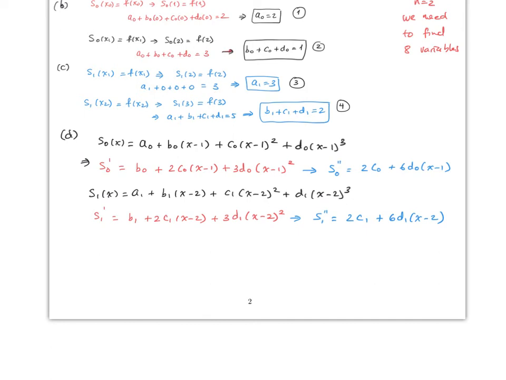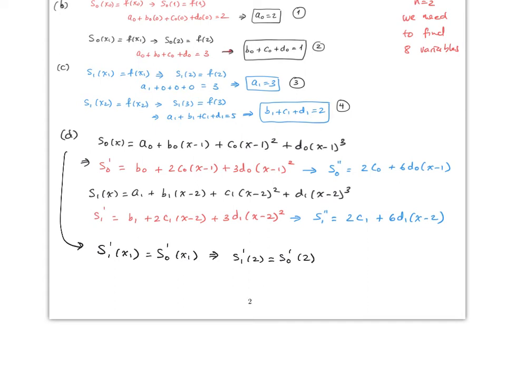Okay, remember to satisfy part D, this means the s1 prime of x1 has to equal s0 prime of x1. Or in other words, that means that s1 prime of 2 has to equal s0 prime of 2.